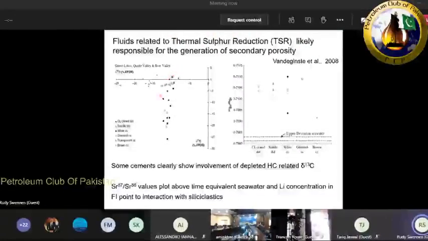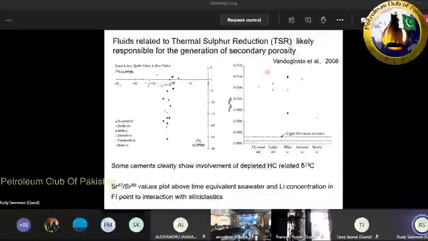And this is also again visible in the isotopic record of the cements which are filling these cavities, where we can see that we have very negative delta carbon 13 values, which indicate the interaction with hydrocarbons, or part of the CO2 is derived from hydrocarbons which have been oxidized by the dissolved sulfates.